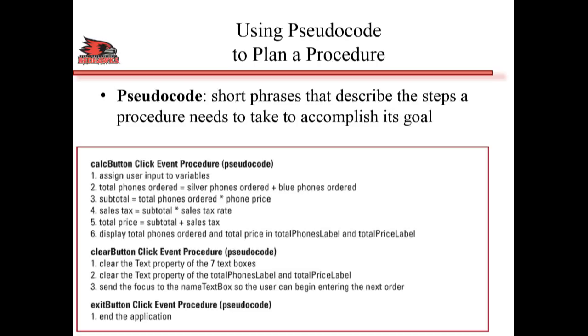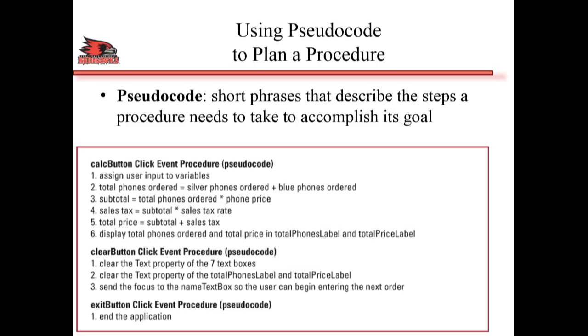Here is the pseudocode for the calc button. First you assign user input to the variables. Then the relation for the total phones ordered is that total phones equals silver plus blue phones. The subtotal is the total phone order times the price of each phone. Sales tax equals subtotal times the tax rate.